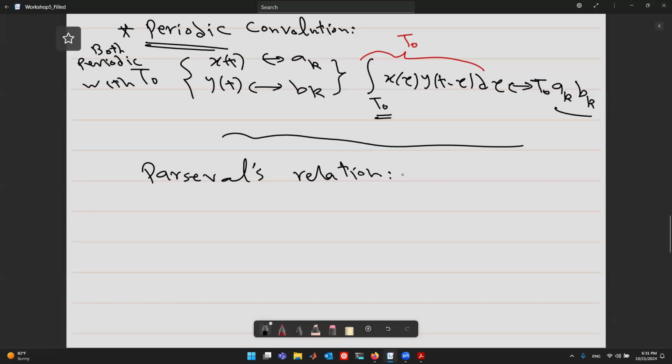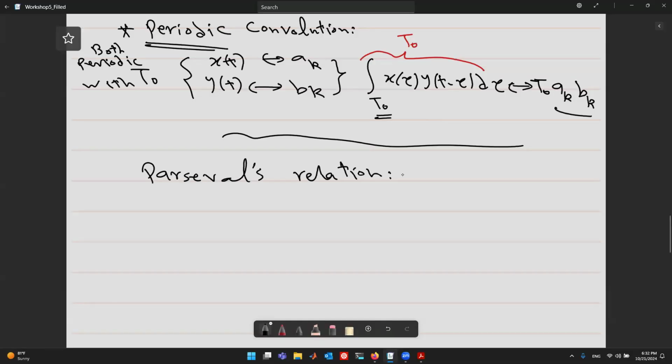It's actually expected, since we should not lose or gain power just by representing the signal in a different way. That's exactly what we're doing when we do the Fourier series representation of a periodic signal. We're just looking at the signal from a different angle, so we should have the same amount of power no matter how we look at it.